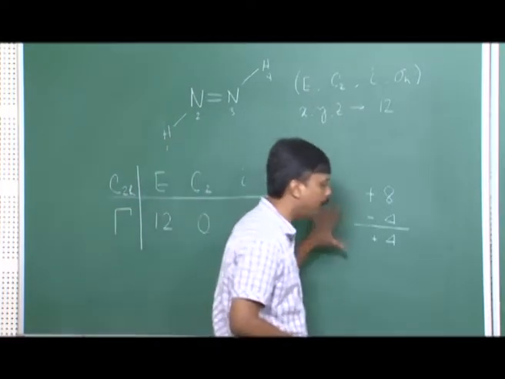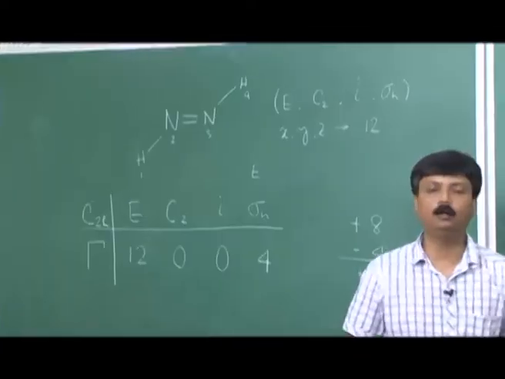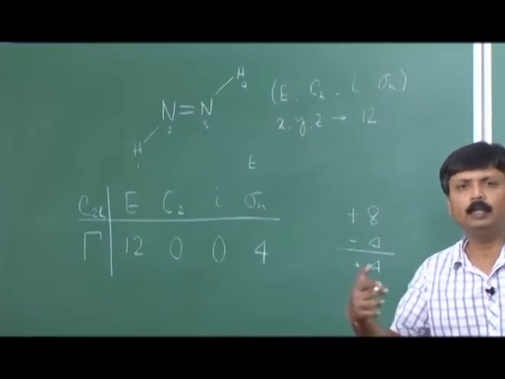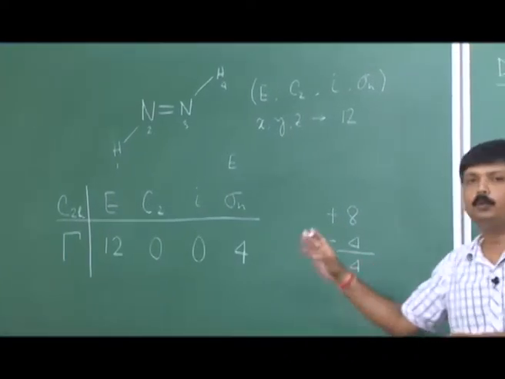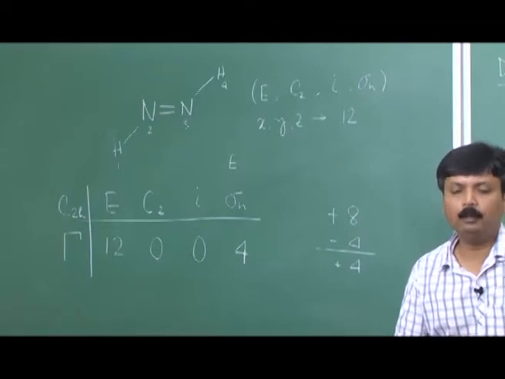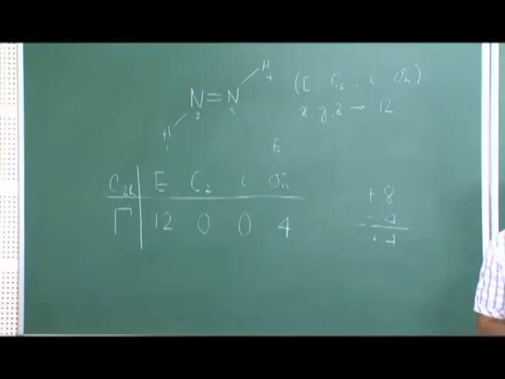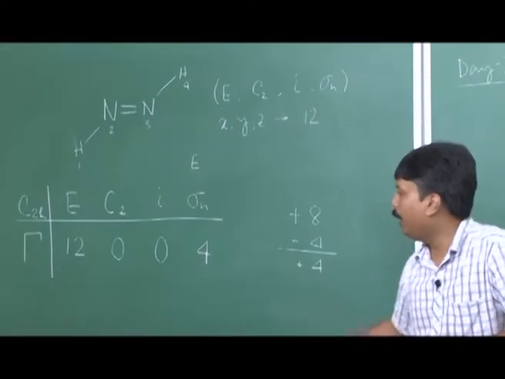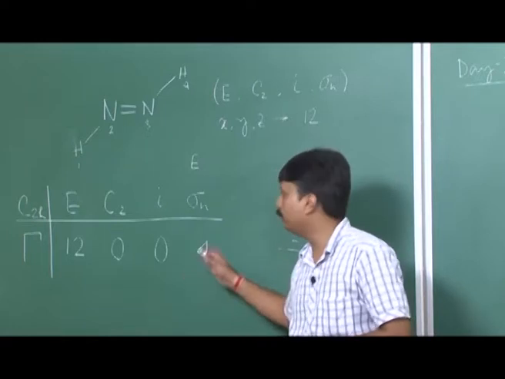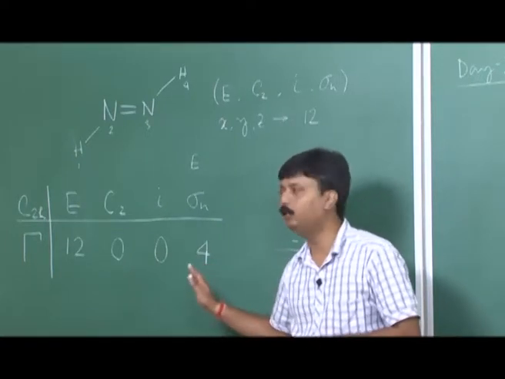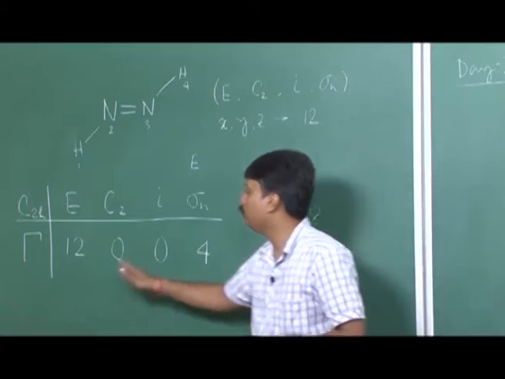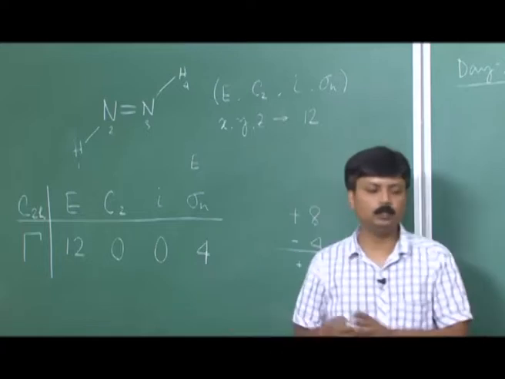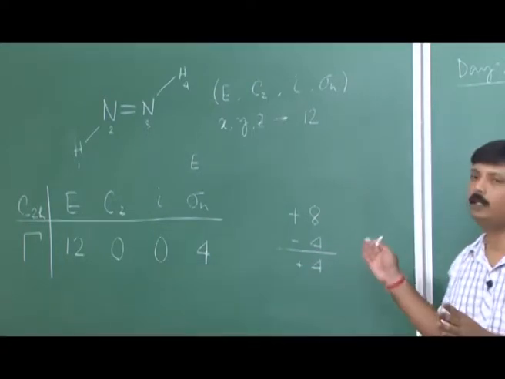So once you find the representation of any given point group, you can do whatever you want in the next step. Say for example, if I want to know about the vibrational modes, okay. So what I have to do, I have to next see if it is reducible or irreducible, and by now you know that this representation is clearly reducible because the sum of the squares of the characters of this representation is higher than the order of the group.